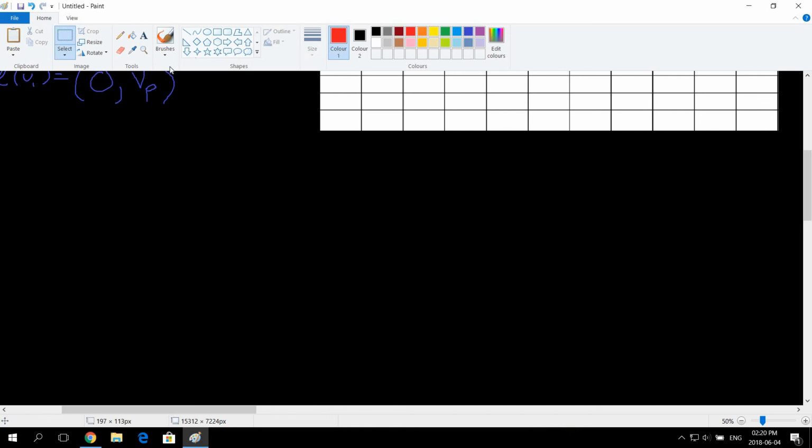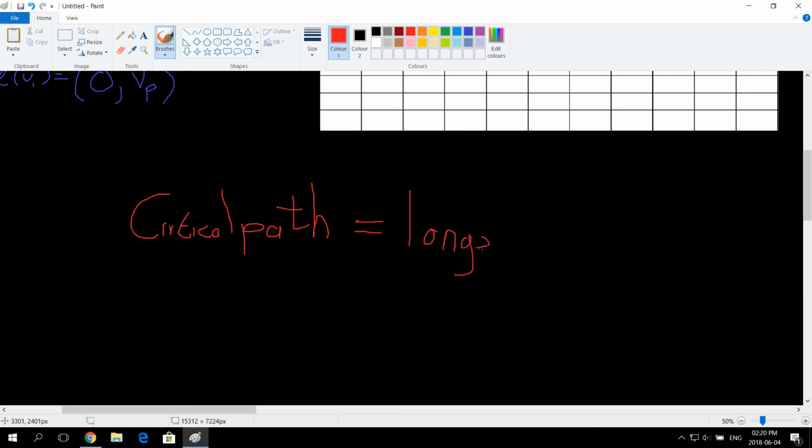So the critical path is the highest path, is the longest path, sorry, the longest path in the graph.